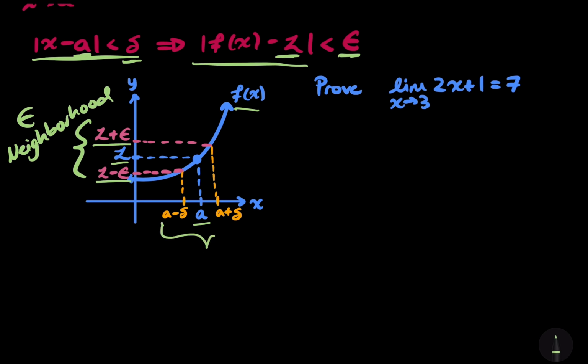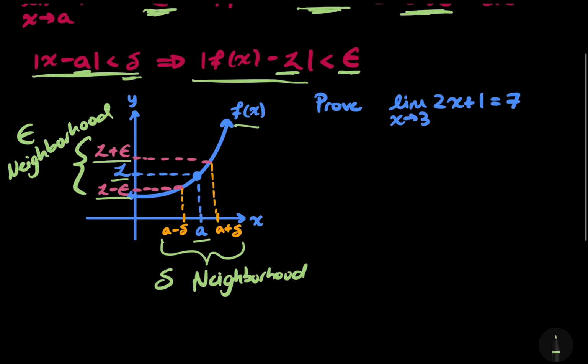This right over here is what we call a delta neighborhood around our a value, such that whenever our x value is within delta of a, so whenever the distance between x and a is less than delta, so whenever x is contained within this delta neighborhood of a, then the distance between our function and L is less than epsilon. So essentially, let's suppose we pick this x value right over here.